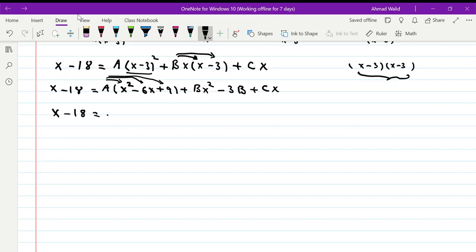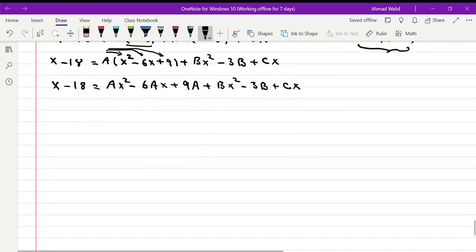It means I'll end up with ax squared minus 6ax plus 9a plus bx squared minus 3bx plus cx. The next step was to write the right side in descending order, correct?